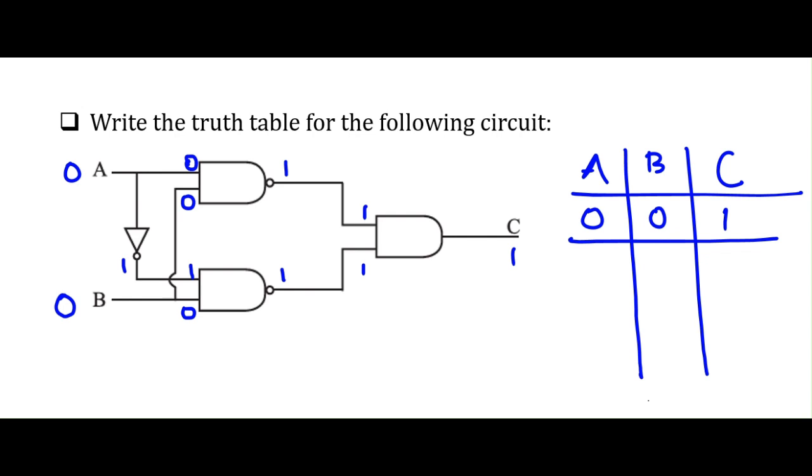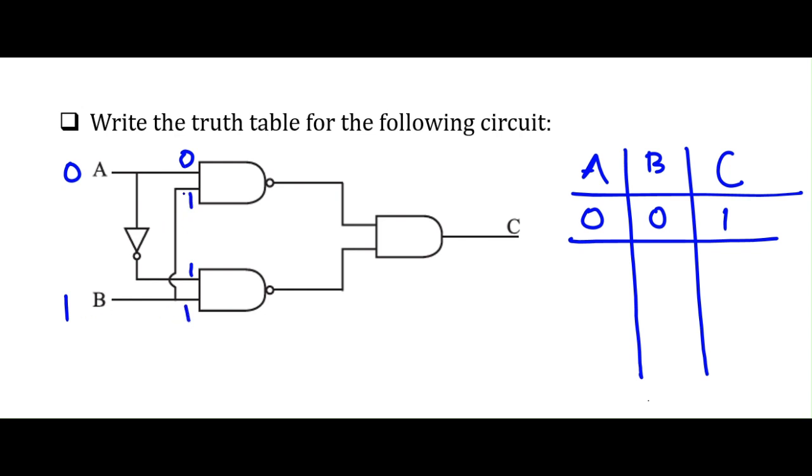We can move to the next combination, which is 0 1. Let's check what is happening. So 0 and here we are feeding 1. So this will be the same 0 and here we are getting 1 as it was in the previous case. And here we are getting 1, here we are getting 1.